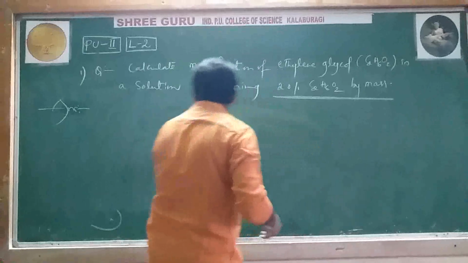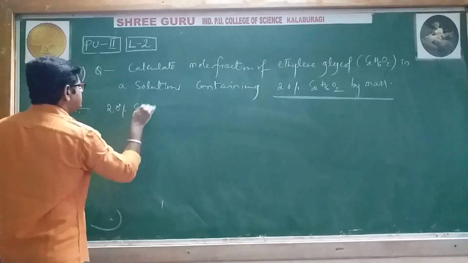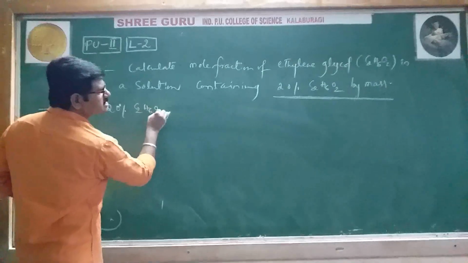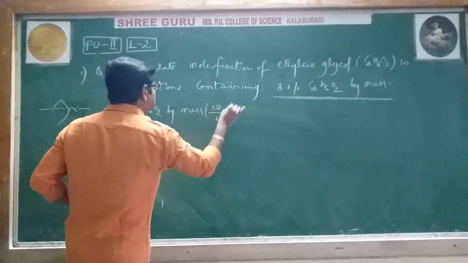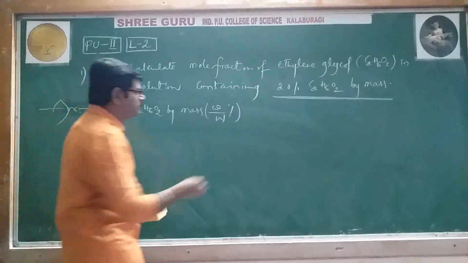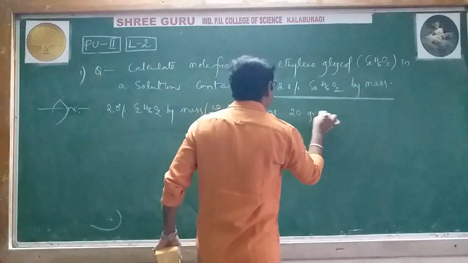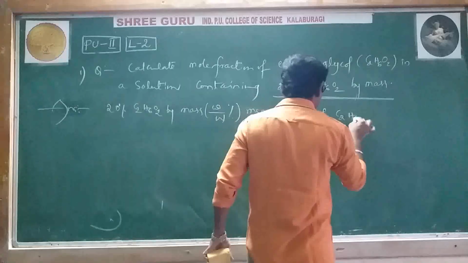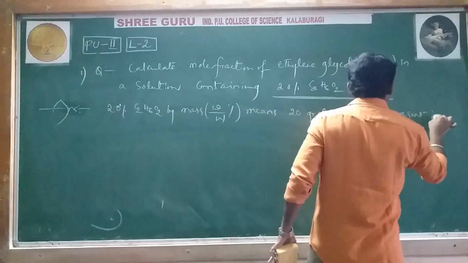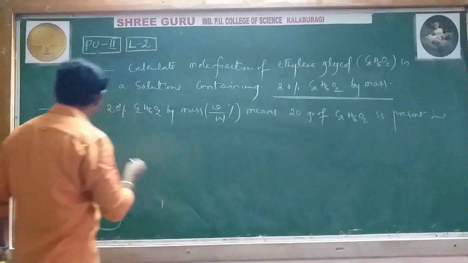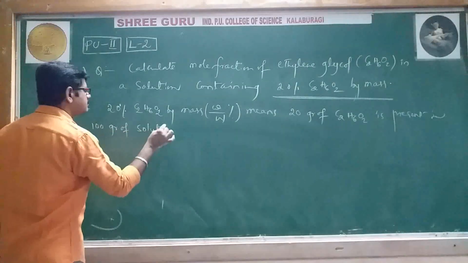Therefore, we will first write its meaning. 20% ethylene glycol, C2H6O2, by mass, which is W by W percentage, means 20 grams of C2H6O2 is present in 100 grams of solution.